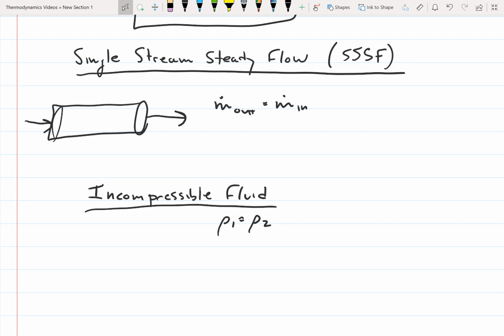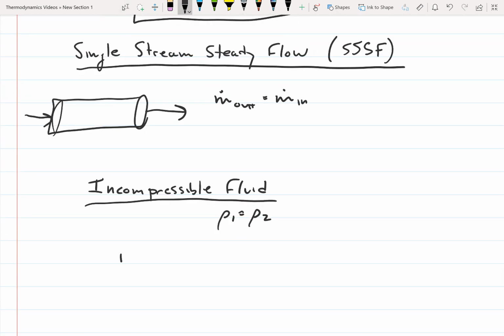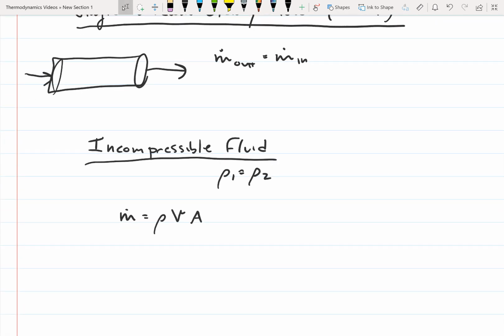And so remember, if we go back and rewrite this, m dot is equal to rho multiplied by the velocity multiplied by the area. So that means that m dot in minus m dot out, I'm going to change this out and in to 1 and 2.